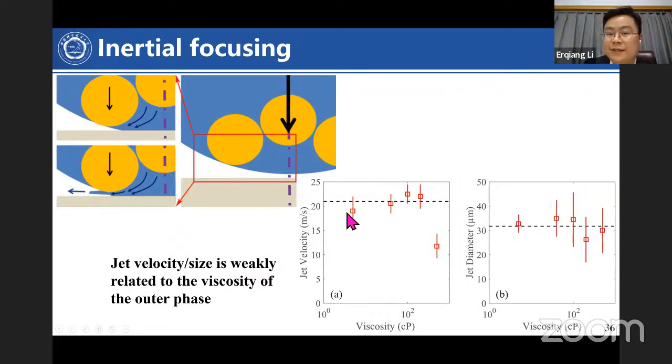We see the velocity of the jet and the size of the jet almost keep constant. So apparently the focusing of this external liquid is not from that mechanism, right? Otherwise, it must be related to the viscosity of the external liquid. So we think that is some hint or proof for this inertial focusing mechanism.